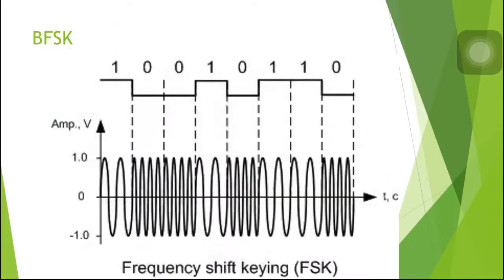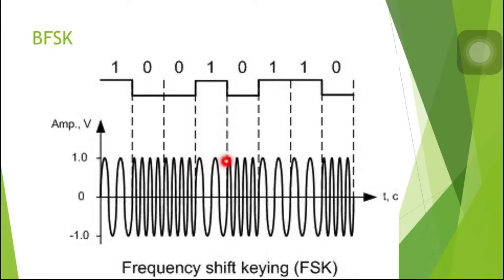Here is a diagram. I said earlier that 1 means high and 0 means low, so we can write any kind of information with this 1 0 1 0 representation. There's nothing to worry about in this picture.